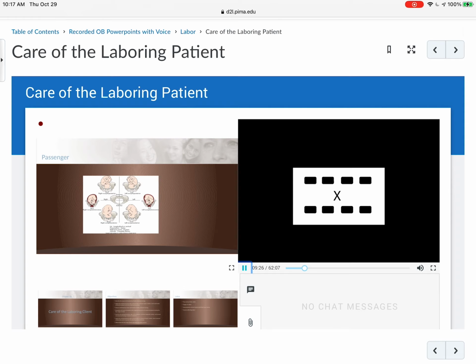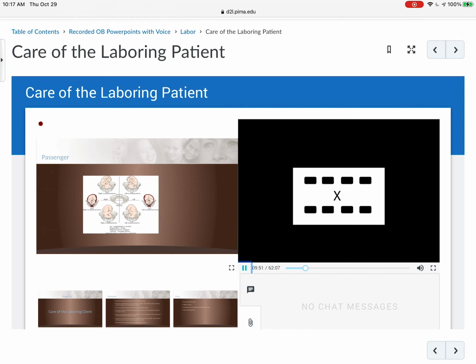In the middle pictures, you can see ROT and LOT. Transverse means the baby is not looking down, it's kind of to the side. And a lot of times as the mom labors, that head will rotate into an anterior position. So it may start out like on the top, where it says ROP and LOP, meaning a posterior position, meaning the baby's head is looking up, not down.